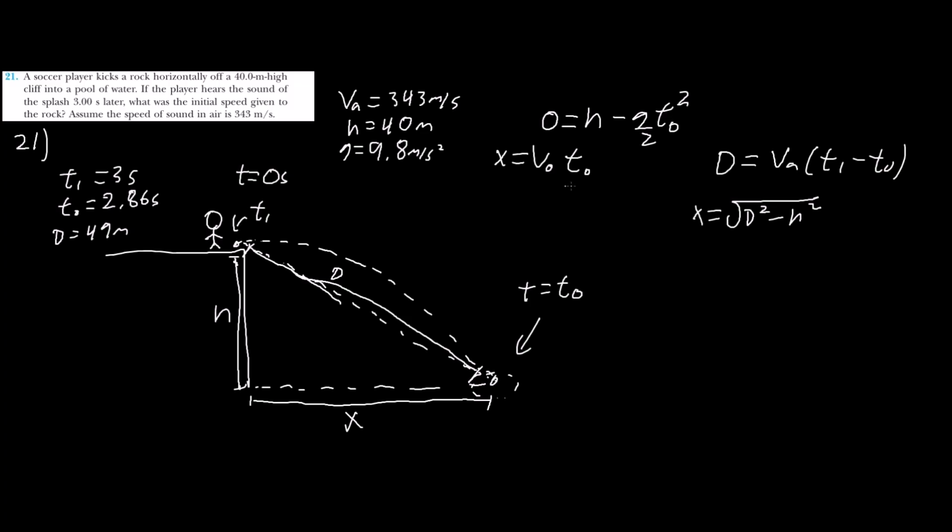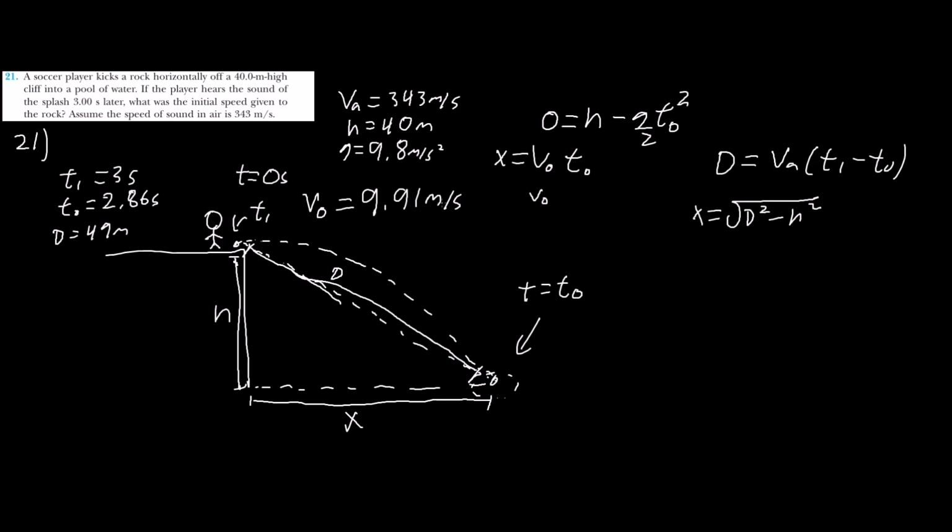Let's take x divided by that to get the horizontal speed. So the horizontal speed of the ball is going to be x divided by t naught, which is 9.91 meters per second.